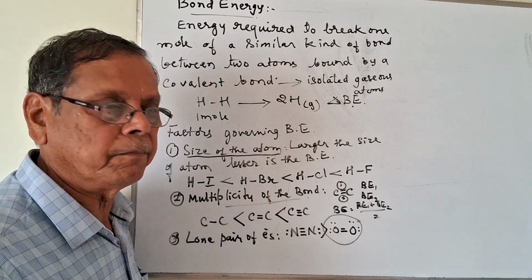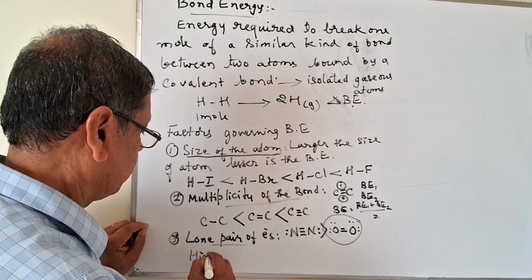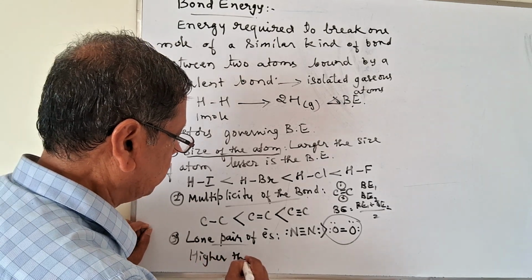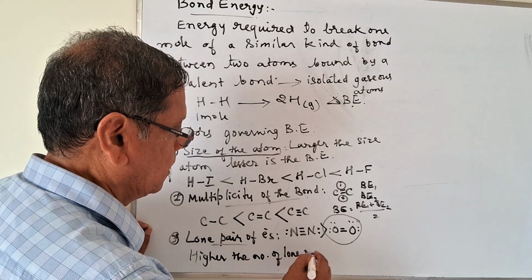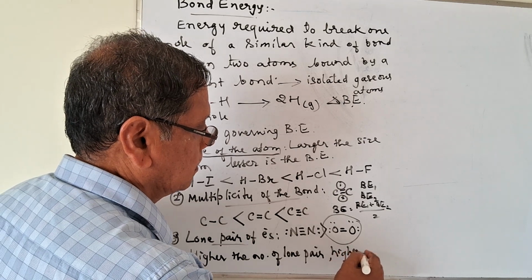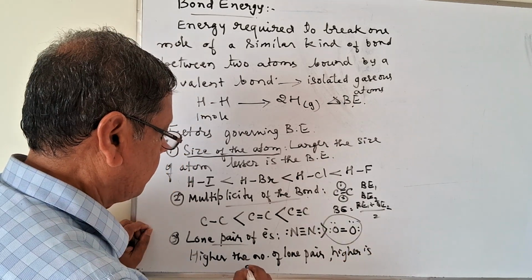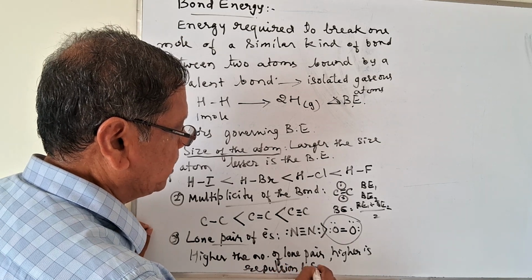So we can write this as: higher the number of lone pairs, higher is repulsion, and smaller is bond energy.